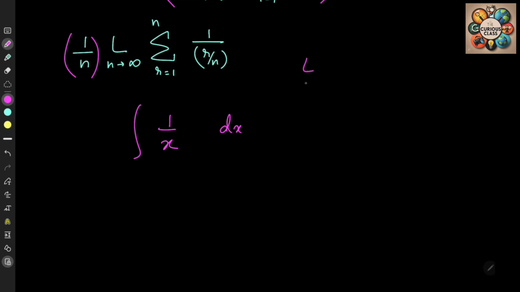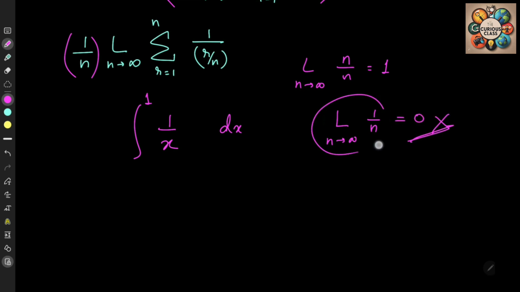And this upper limit and lower limit, what do we decide? How can we decide that? We put limit n tending to infinity and n by n is 1. So undoubtedly the upper limit is 1, but while we are placing the lower limit, in general we write 1 by n, and the limit n tending to infinity is 0, but for this we are not supposed to write this, so we're going to simply put 1 by n because we need to keep this limit alive.